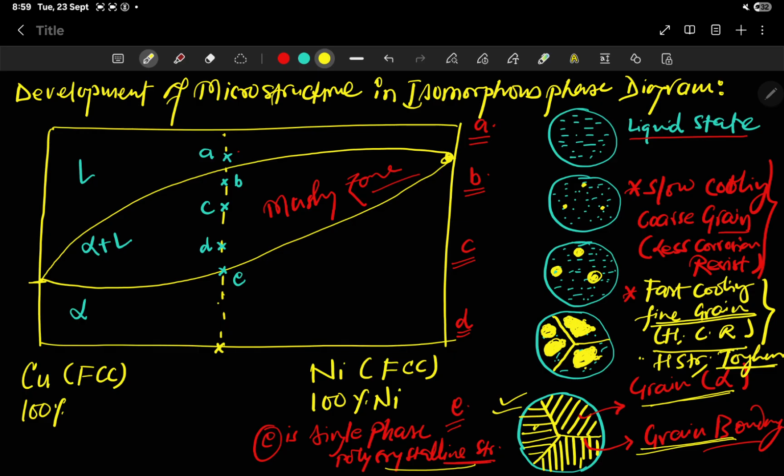That's why in our engineering material we need fine grain, so that it has high corrosion resistance, and it should have high strength and high toughness. So this is all for this lecture. And these grain boundaries will be like this, guys. So I hope this is all.